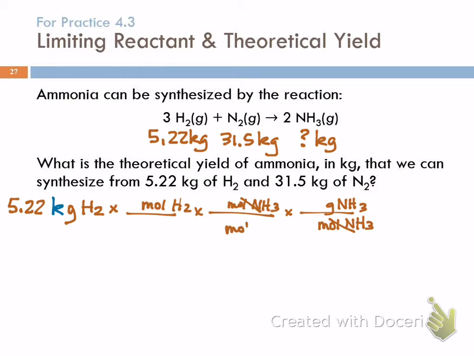Down here, moles of H2. Down here, grams of H2. The grams of H2 cancels the grams of H2. The kilo didn't cancel. So when I do this, I'm going to end up with kilograms of NH3.